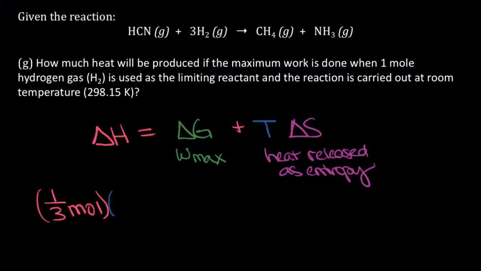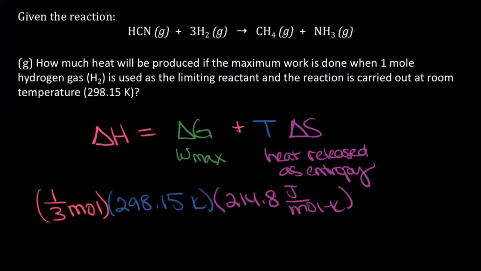Then we multiply that by the temperature, 298.15 Kelvin, and the entropy change that we found before in step C. That was 214.8 joules per mole Kelvin. When we multiply that all out, we find that the heat is 21,348 joules, which if we convert to kilojoules is 21.3 kilojoules.